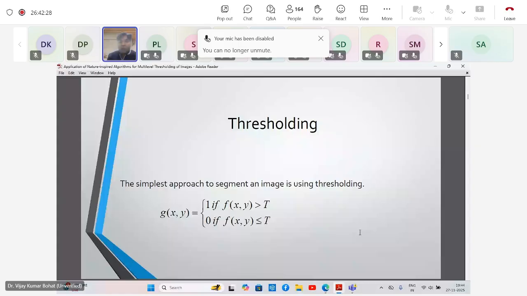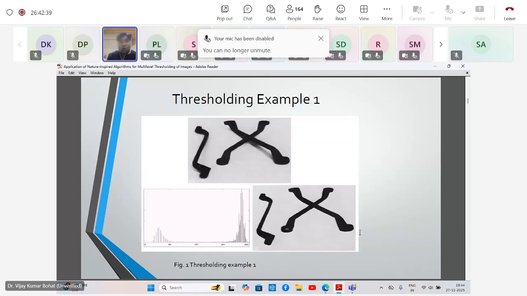It means in the image, we decide only one single threshold, and via that threshold, we divide the image into 2 parts. Our task is to separate the foreground from the background. Like in this image, the hardware tool is on the table and the histogram is visible.